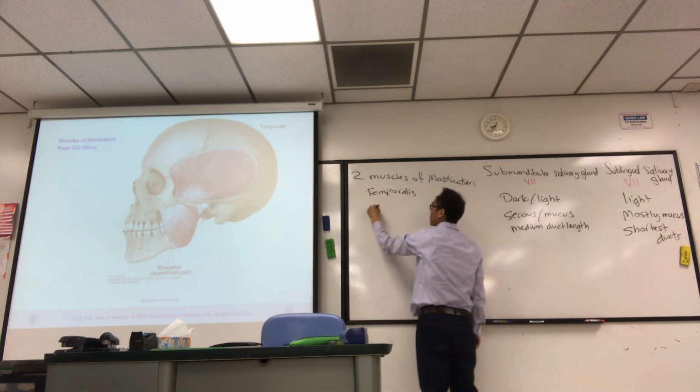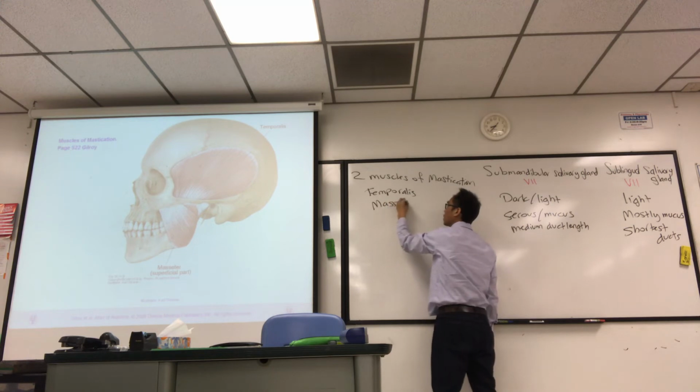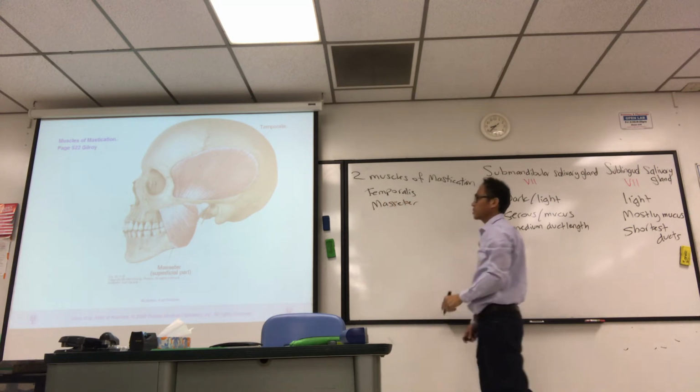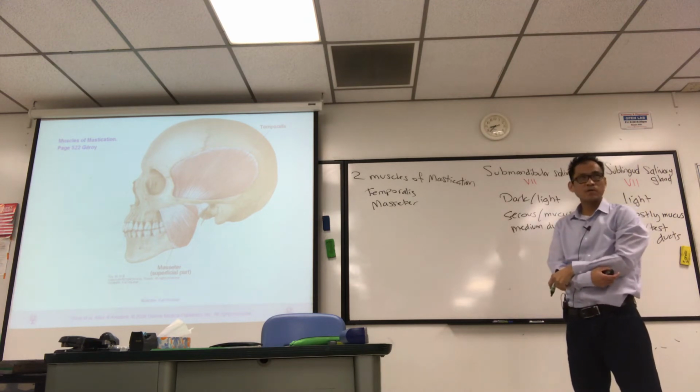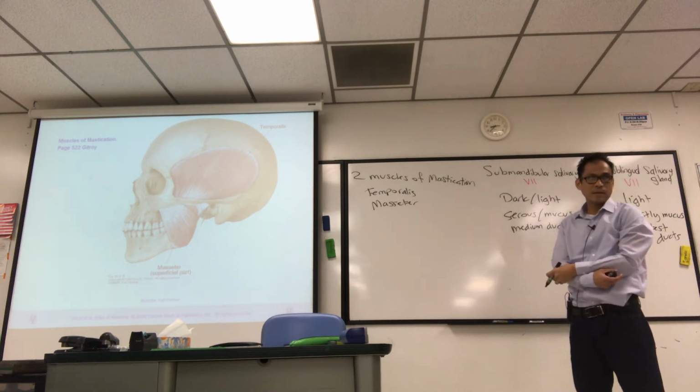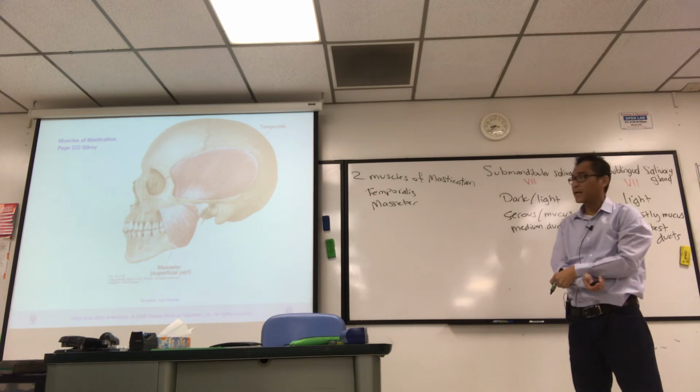Temporalis, masseter. Two muscles of mastication help you chew. They close the jaw. There's a few muscles that open the jaw. I gave you two that close it. Okay. I'm not going to test you on their attachments. You should be able to identify them at least. And you should still remember their nervous innervation.